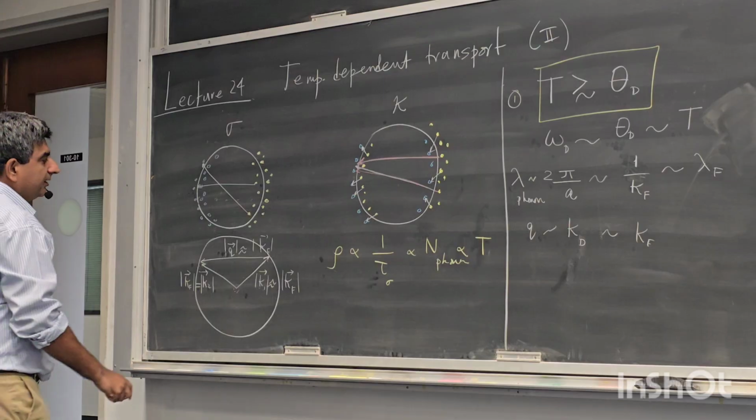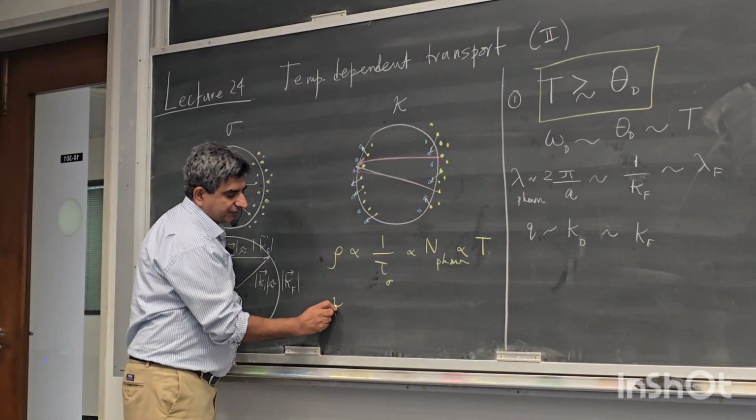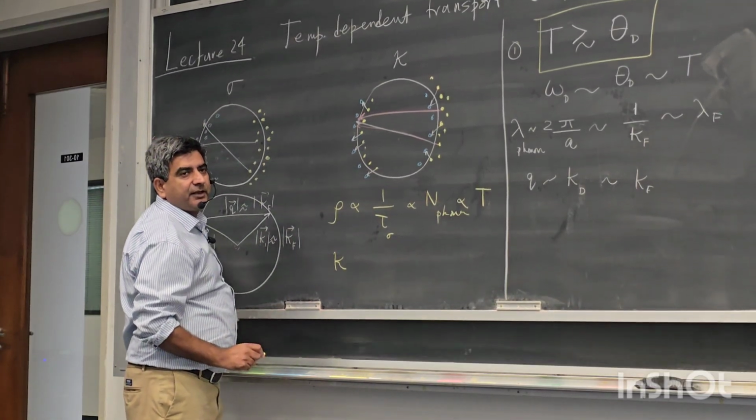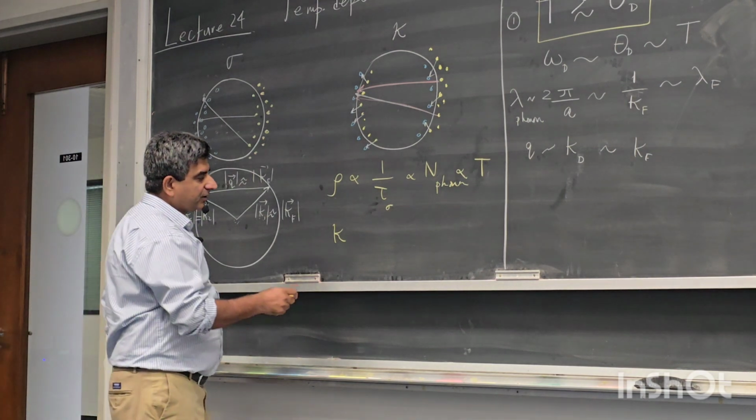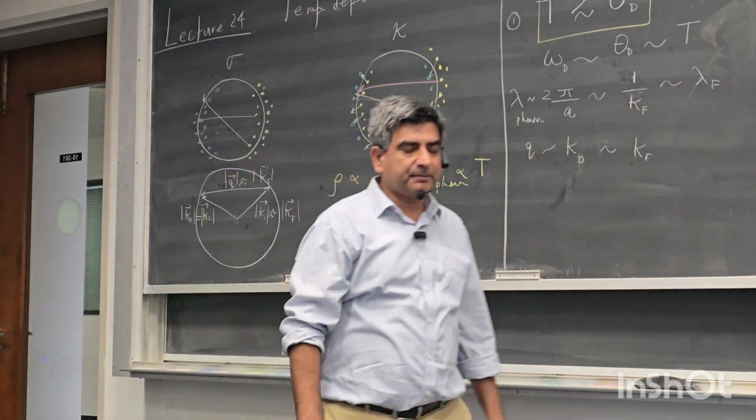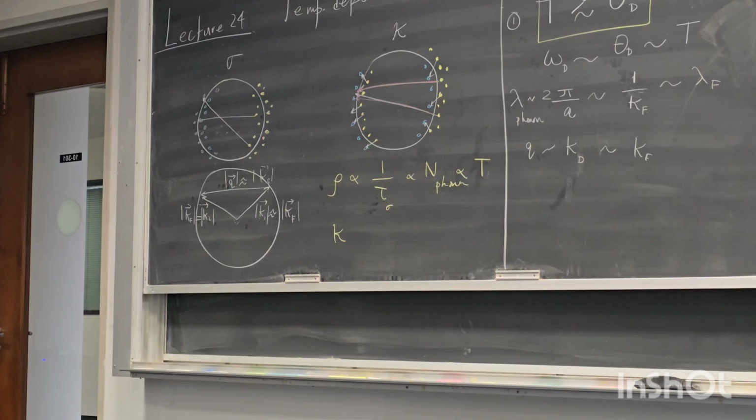As far as the thermal conductivity is concerned, if you observe the formula for thermal conductivity, can you speak up the formula for the thermal conductivity which has the temperature and the scattering time? Can you check your notes?